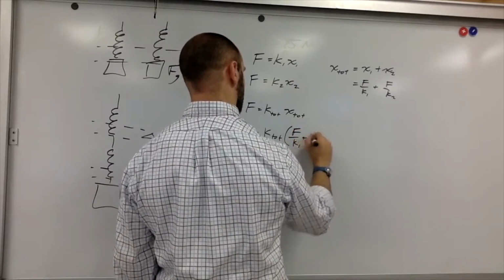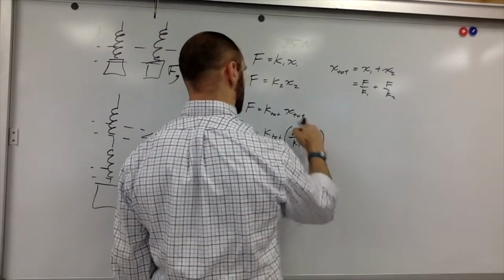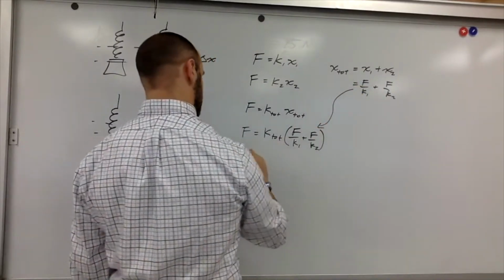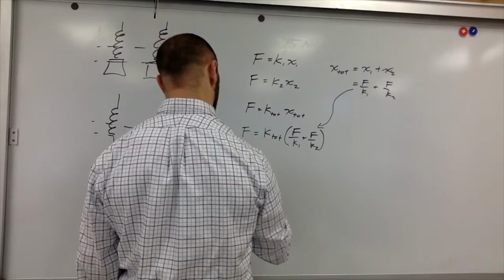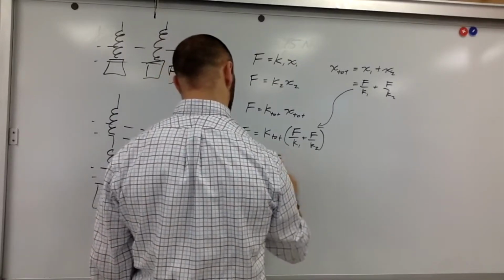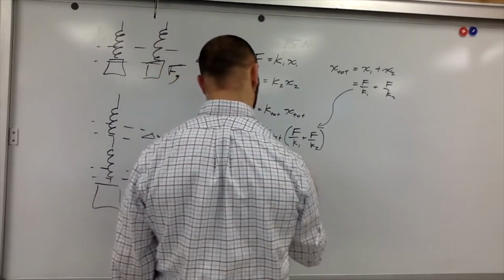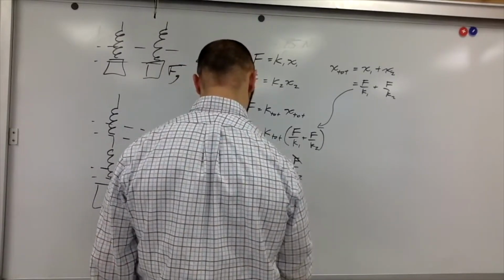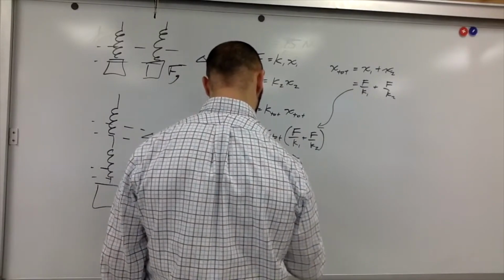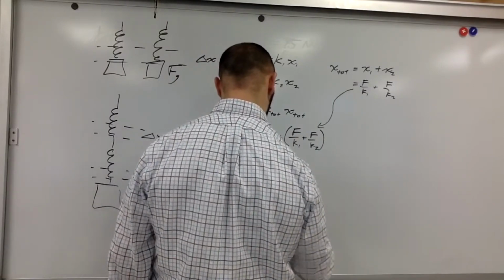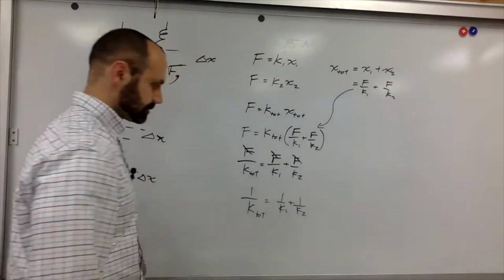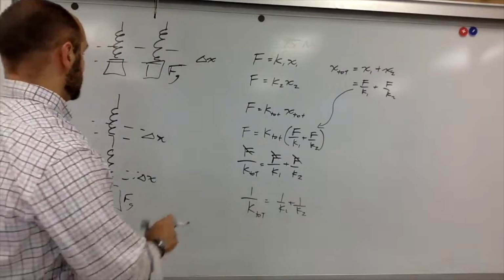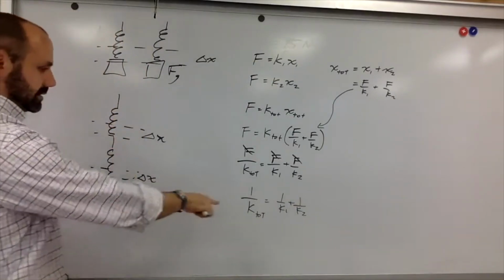F over K1 plus F over K2, because that's X total. And I divide this: F over K total equals F over K1 plus F over K2. And all my F's cancel out. So 1 over K total is 1 over K1 plus 1 over K2. So the way we find the effective spring constant when I have springs connected in series is like this.